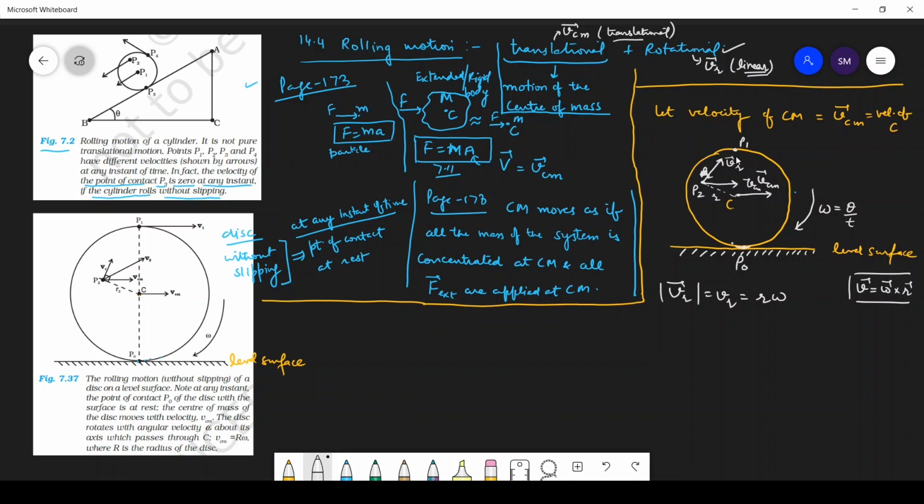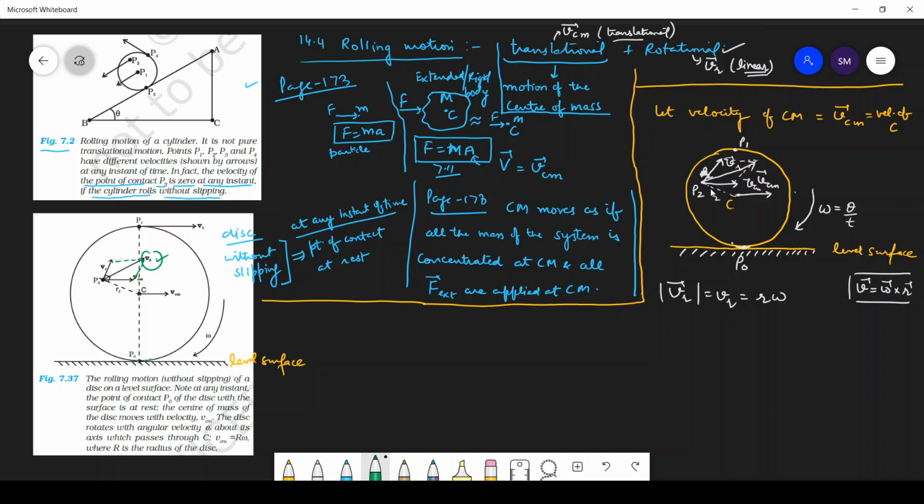So what will be the velocity at this point? We take the vector addition and draw the parallelogram. Here also in this figure you can see, complete this parallelogram and you will get V2.